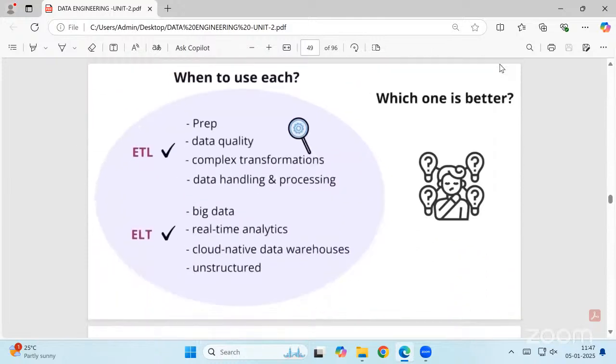When to use? If your data is in structured format, we use ETL. If data is in unstructured format and generated on an instant basis, then we go with ELT. For real-time analytics and unstructured data, we go with ELT. For structured, high quality data, we go with ETL.